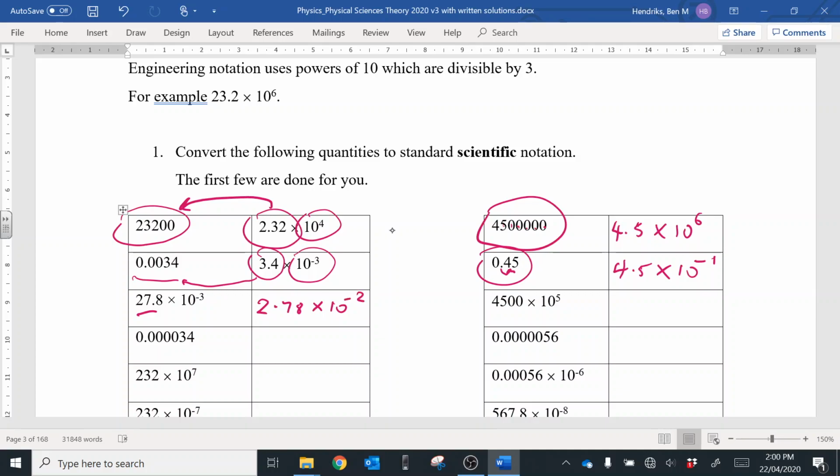We've increased our indice by 1 because we had to times it by 10. Okay, we've got 0.000034 for this next one, and let's count the number of decimal places we had to move: 1, 2, 3, 4, 5. So this is saying times 10 to the negative 5.